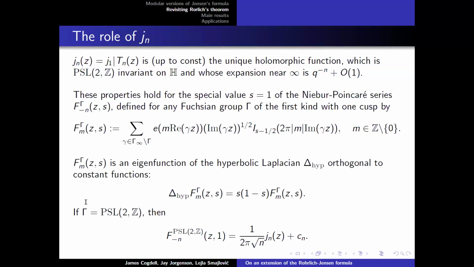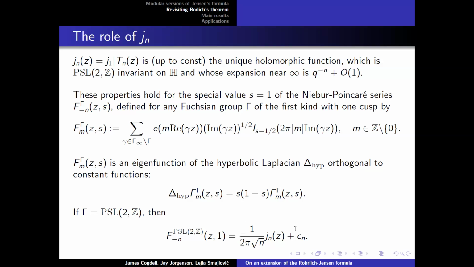And when Γ is the modular group, then the Niebur-Poincaré series at 1 is exactly Jn modulo the constant term 1 over 2π square root of n plus Cn, which is also an explicitly computable constant, but I just put Cn because it's not really important what it is for the moment.